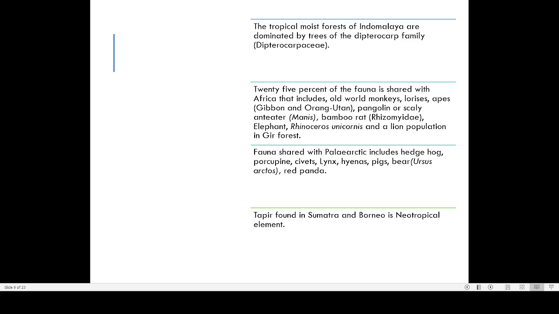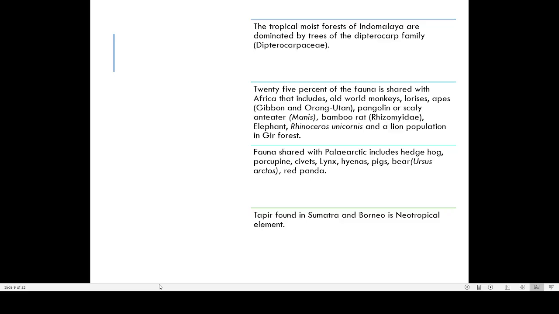The majority of this timber is presently coming from Malaysia, Indonesia or Thailand. So that is regarding the nature also. This tropical forest belonging to the Dipterocarpaceae or Dipterocarp family is an important thing.